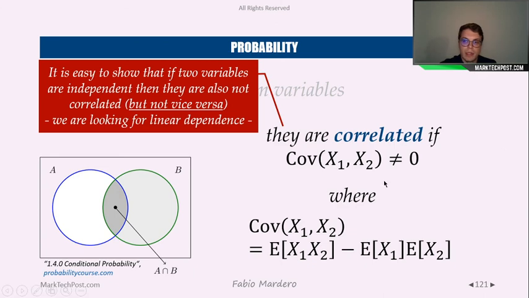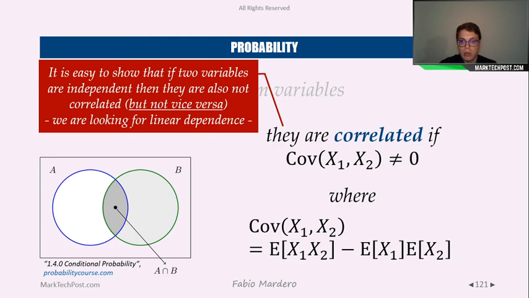If the covariance is equal to 0, it does not mean that the two random variables are independent. Why? Because the covariance is looking for linear dependence between x1 and x2, such that x1 can be written as a linear combination of x2, for example.